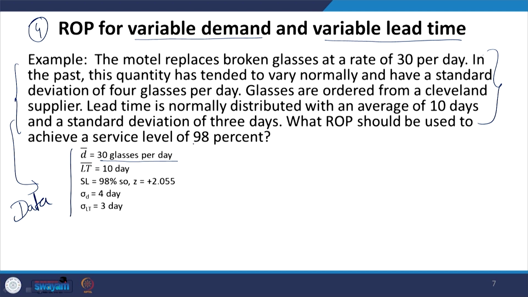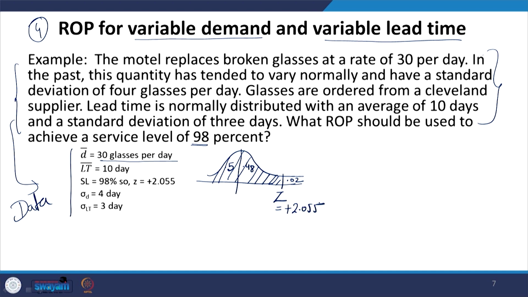The service level which we have chosen here is 98%, and if I give you again that normal distribution curve, this is 0.5 and this is 0.48. So, here you see a very small tail is available of just 2%, and this much area you want to support, and here the value of Z is plus 2.055.